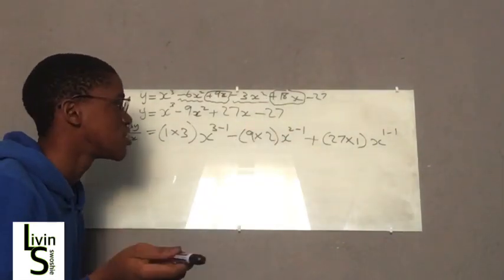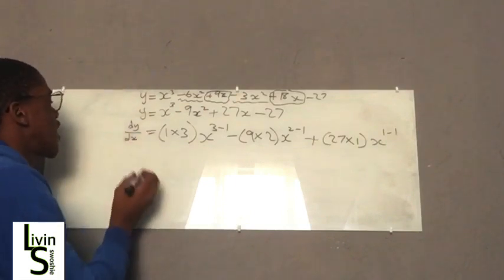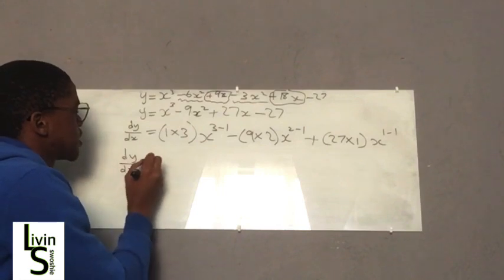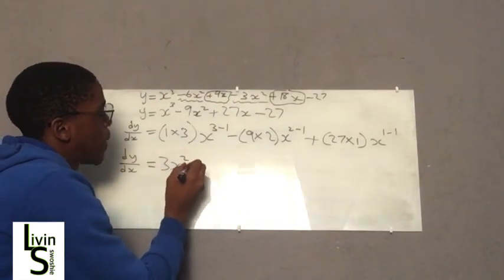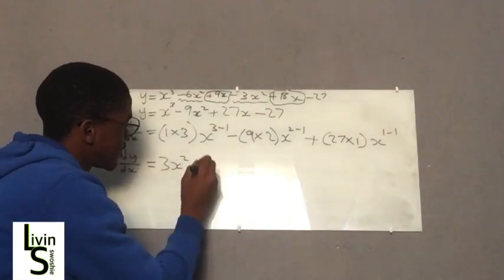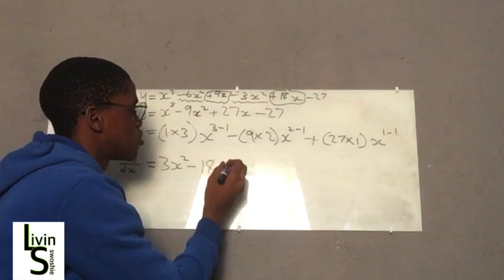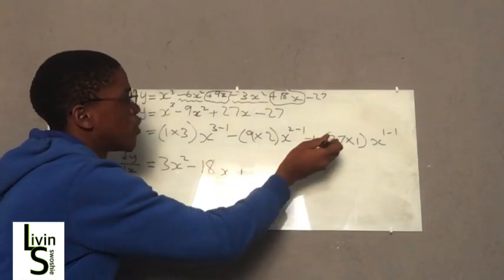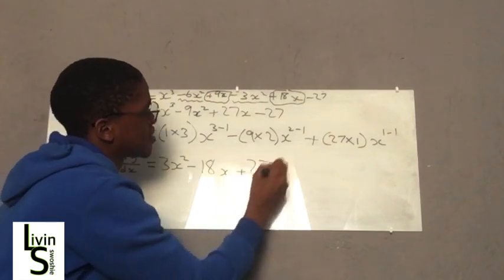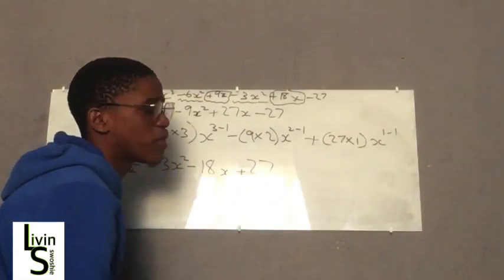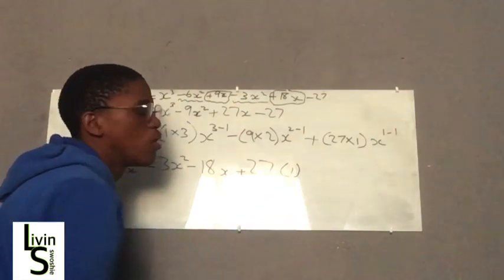It is a constant, so we don't do anything. So dy over dx is equal to 1 times 3, it's going to be 3x, 3 minus 1, it's going to be squared, minus 9 times 2, it's going to be 18x, and then 2 minus 1, it's going to be just 1, so there is no need of writing that one, plus 27 times 1, it's going to be 27, and then x, 1 minus 1 is going to be x to the exponent 0, and any number to the exponent 0 is equal to 1, so it's going to be x into 1.